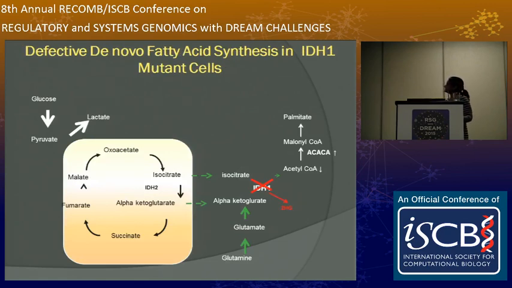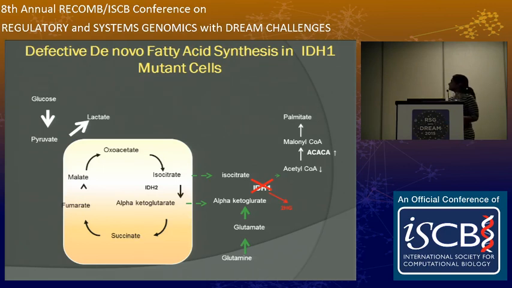Both IDH1 and ACACA are part of our major metabolic genes, and they're part of the TCA cycle. According to published literature, in the presence of the IDH mutant, the conversion of glutamine to palmitate, which is fatty acid, is severely impacted. And fatty acid is needed by any proliferating cell, especially something like a cancer cell. So one of our hypotheses was that fatty acid amounts would be lower in IDH mutants.